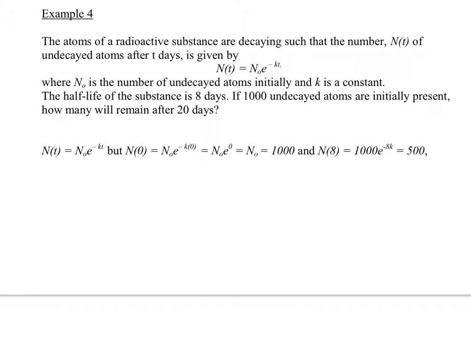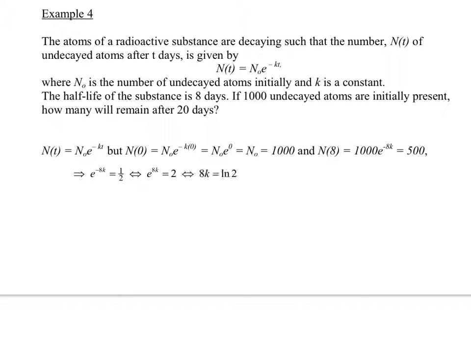And that equation allows us to figure out what k is equal to. So we're going to have e to the power of negative 8k equal to a half. That's reasonably easy to solve. We can write that as e to the power of 8k equal to 2.